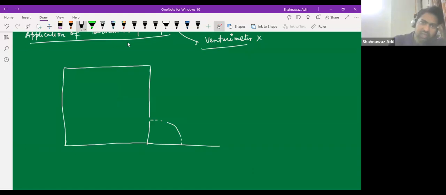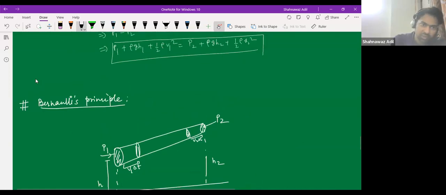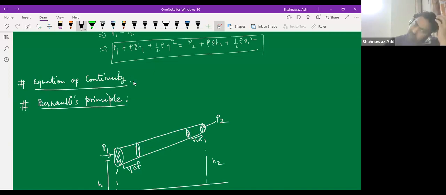Before I do that, let me ask you this question. What is the equation of continuity? For the case of steady flow, what is the equation of continuity?